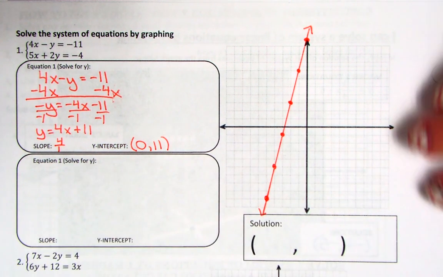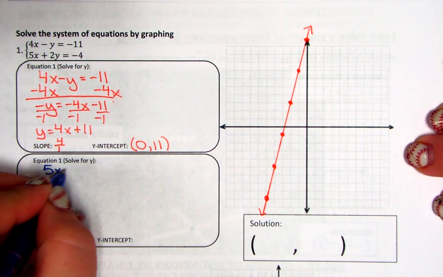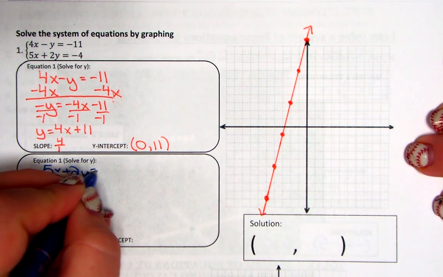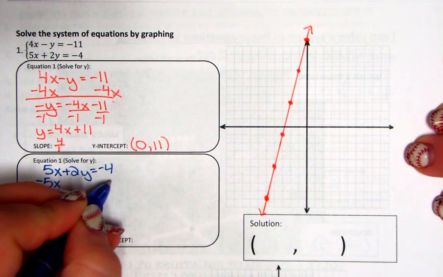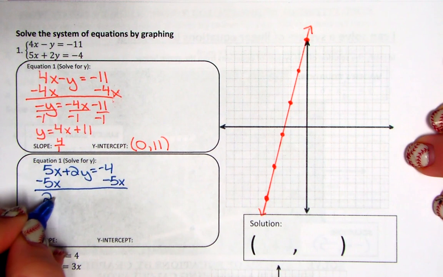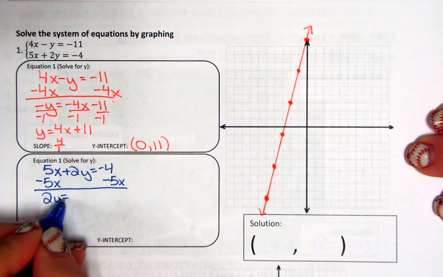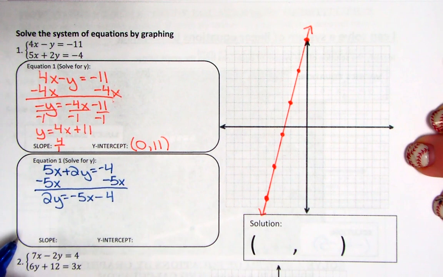Now we're going to do the same process with the blue equation, or the second equation as it is. So we will subtract 5x from both sides. We have 2y equals negative 5x minus 4.